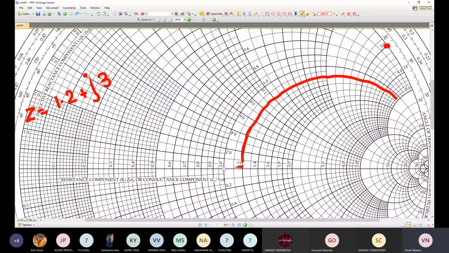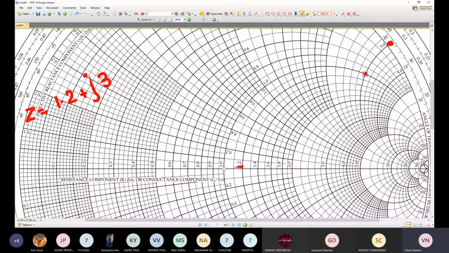Okay, so this is now going to be my point which represents the impedance we have considered. I will mark this point directly so that it will reduce the clutter, and this is the point of impedance.